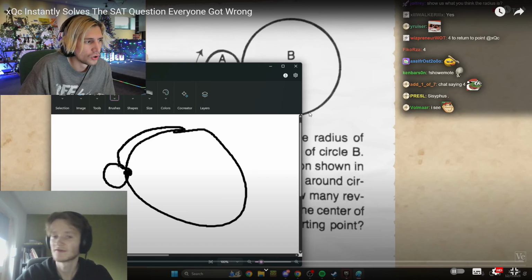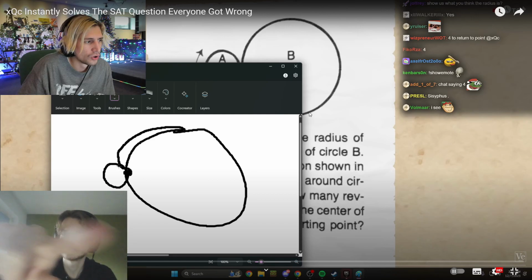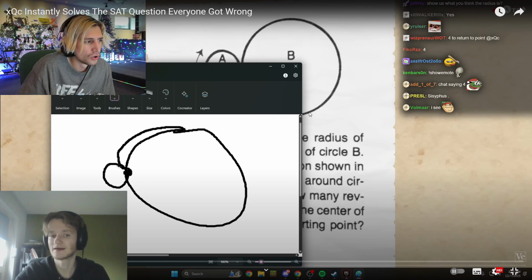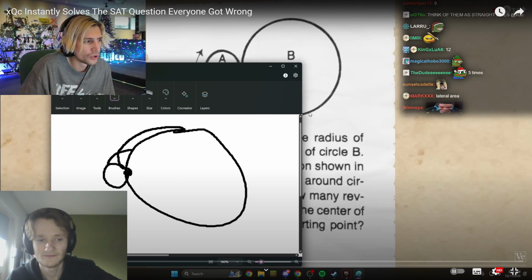Pi is irrelevant because it's a common factor. So then it will obviously be a third. The circumference of A will be a third of B. So one revolution will get a third, another one another third. So when it's 2, you get 2/3, and that third one will get it back. Right?